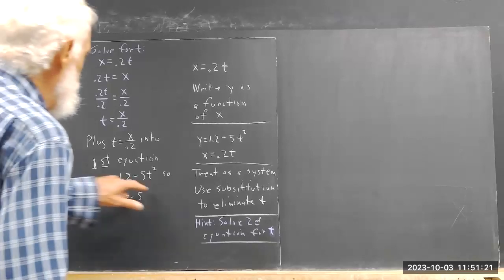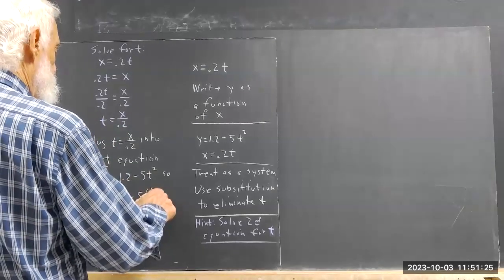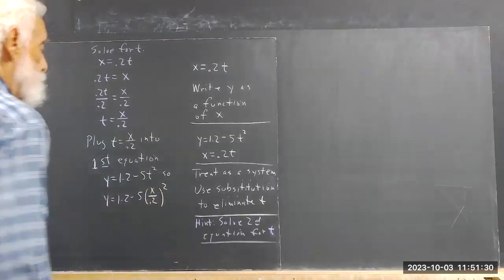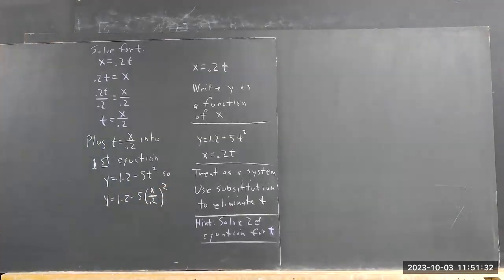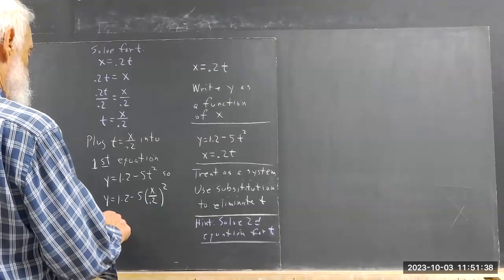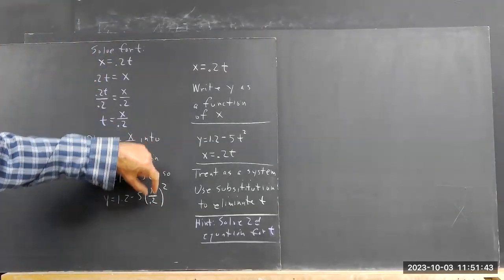Okay, so you have this. t is x over 0.2, so you're going to replace t with x over 0.2. And that's fairly straightforward now. So what do you get when you square x over 0.2?